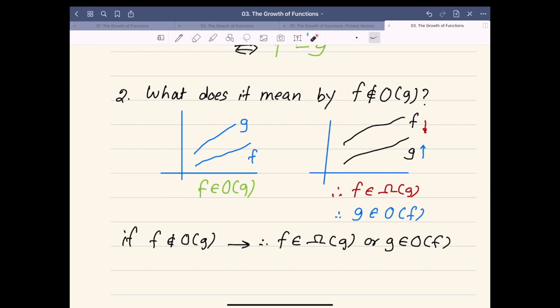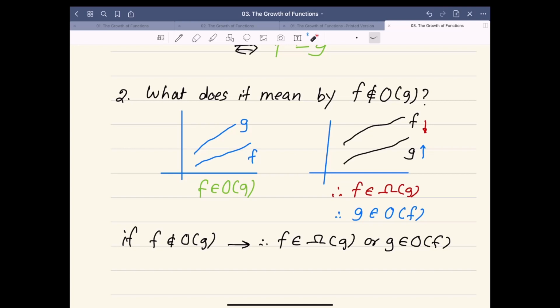So what have we done here? If it does not belong to big O, simply remove "not" and change big O into omega. Or simply remove "not" and swap the two functions, and this is the result from this notation.